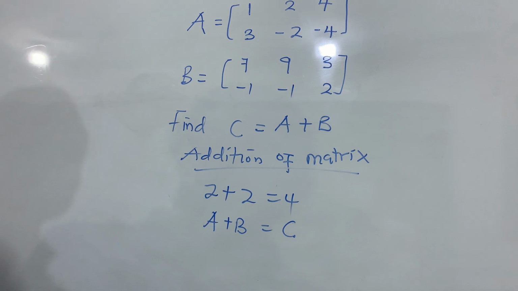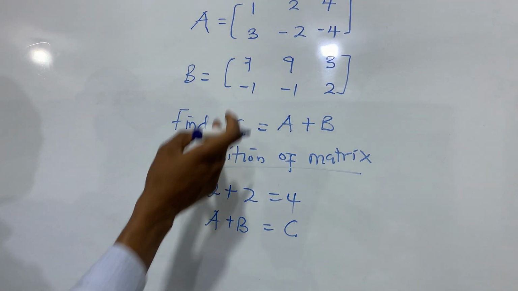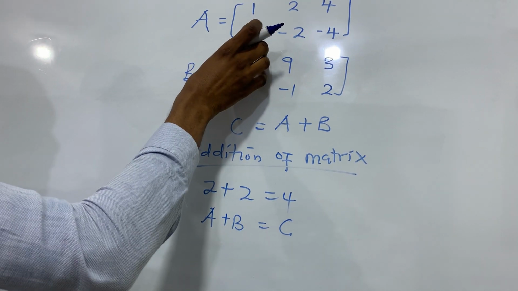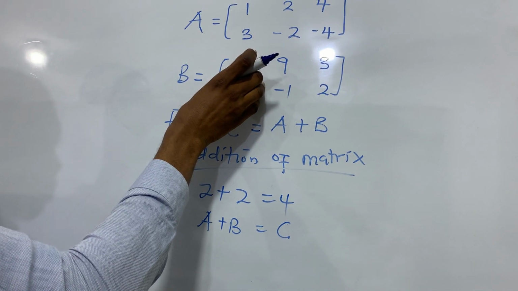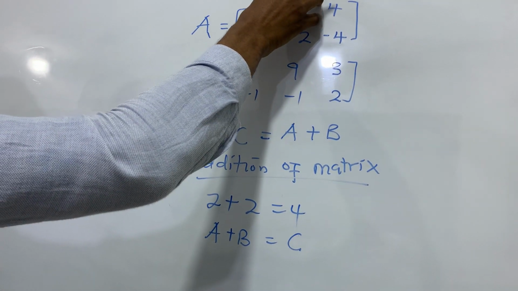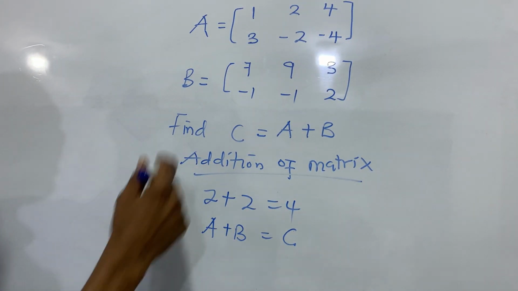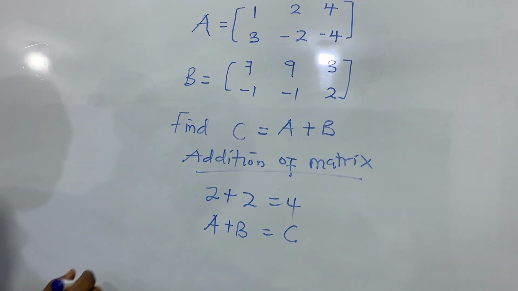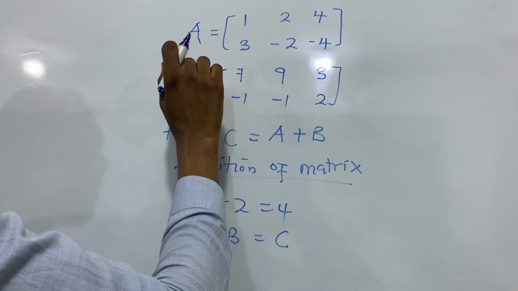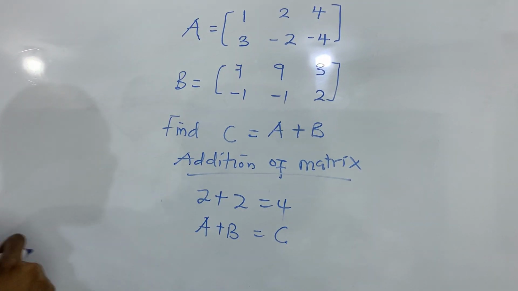So to add matrix, you pick the row and add to the next matrix row. Then you come and pick the second row. Let's say this is a 2 by 3 matrix. In terms of dimension, it has 2 elements in row and 3 elements in column.